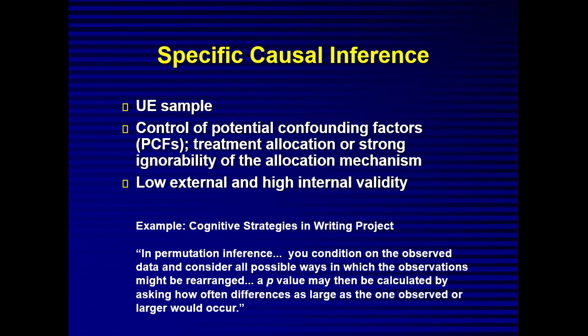Here's a quote to explain this a little more. In permutation inference, you condition on the observed data and consider all possible ways in which the observations might be rearranged. A p-value may then be calculated by asking how often differences as large as the one observed or larger would occur.